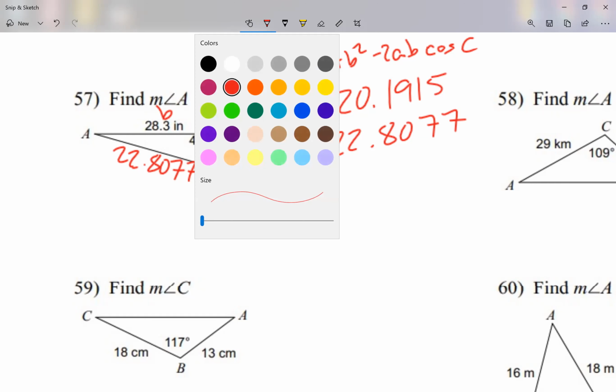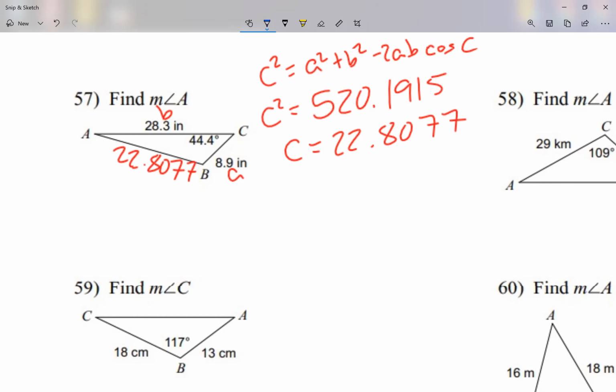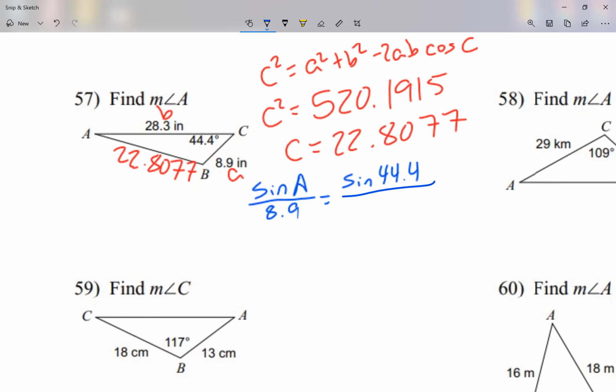Remember, for the law of sines, I'm going to go sine of A, because I'm solving for angle A. So sine of A over 8.9 is equal to sine of 44.4 over 22.8077.